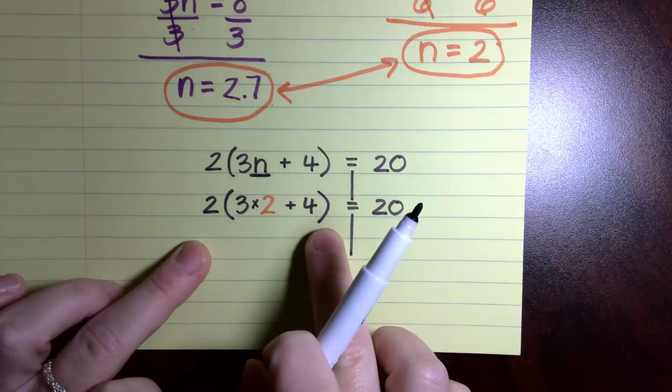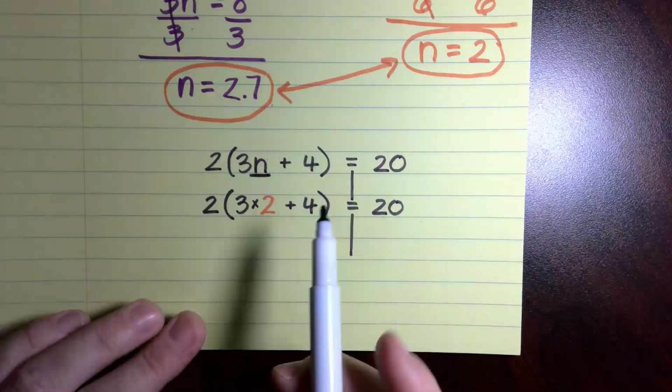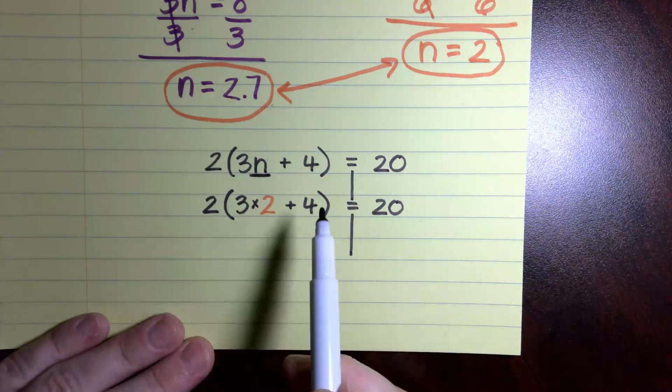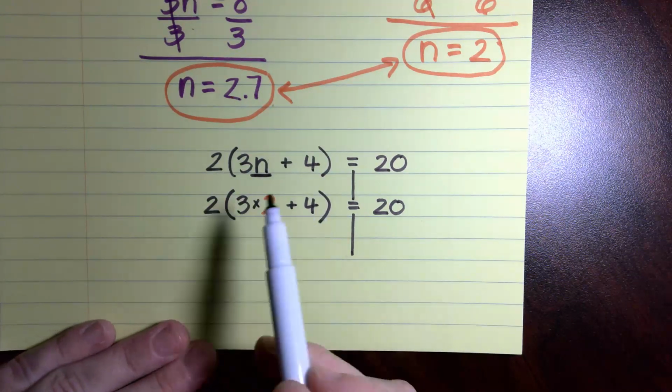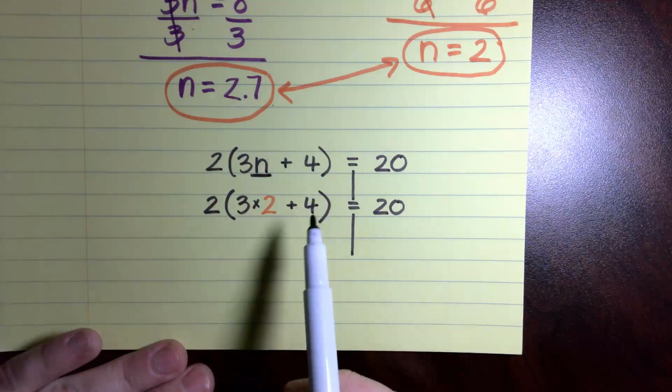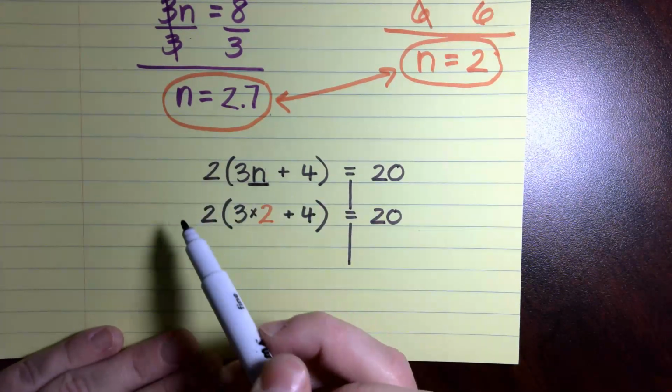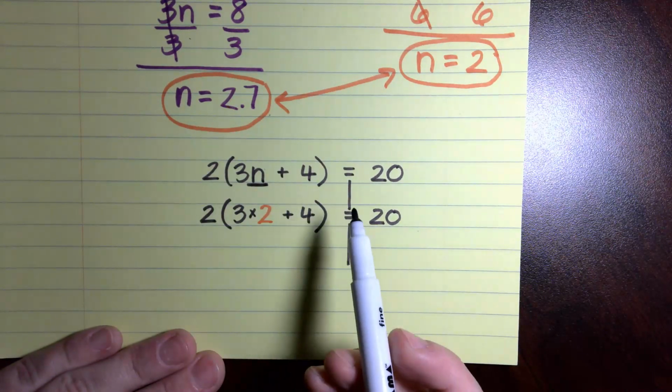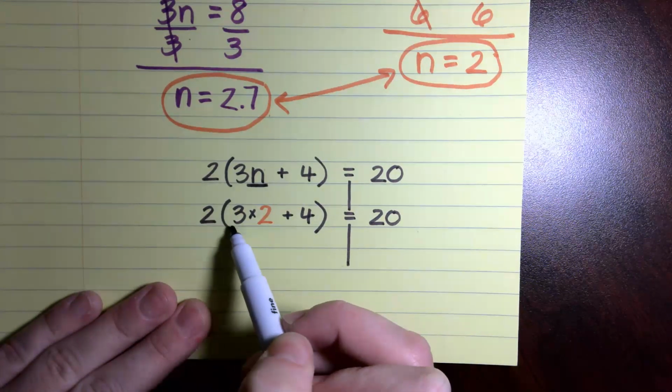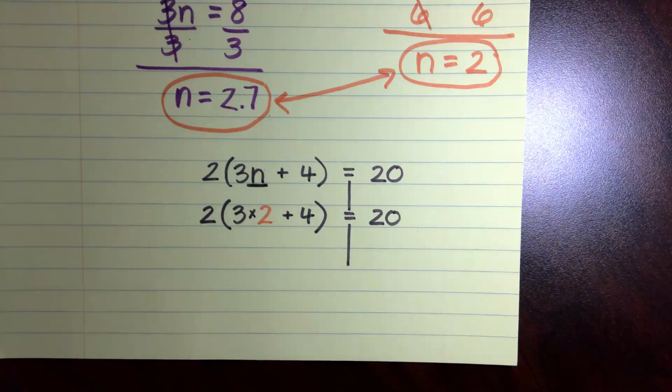If it is, then we're right. So let's use our order of operations, not inverse. This time we're using the regular thing. And let's figure this out. So first, do we have any parentheses? Yes, we do. We have 3 times 2 plus 4 in parentheses.